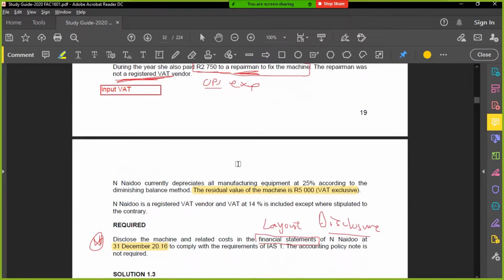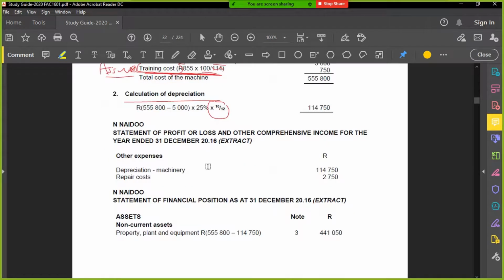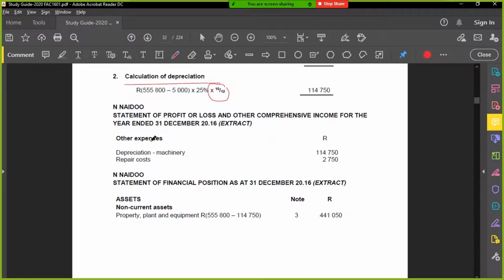All right, so we've covered that depreciation. Then we've got the profit and loss. Notice when we spoke about this, we said depreciation is an expense, disclosed in the statement of comprehensive income. The repair costs also must go in the statement of comprehensive income.